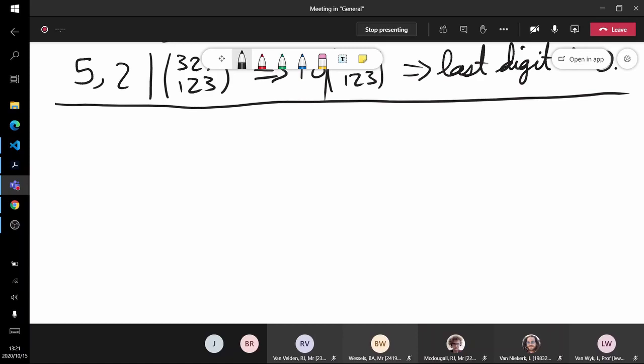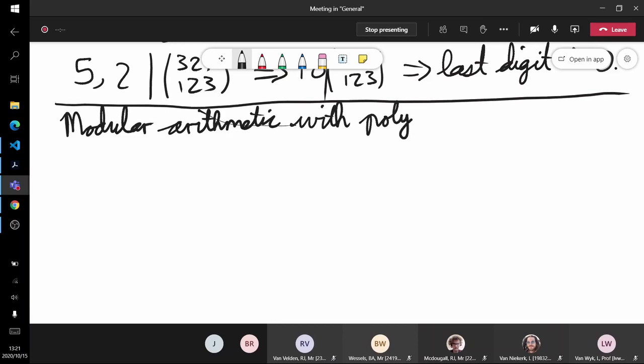I'm going to use some modular arithmetic with polynomials.